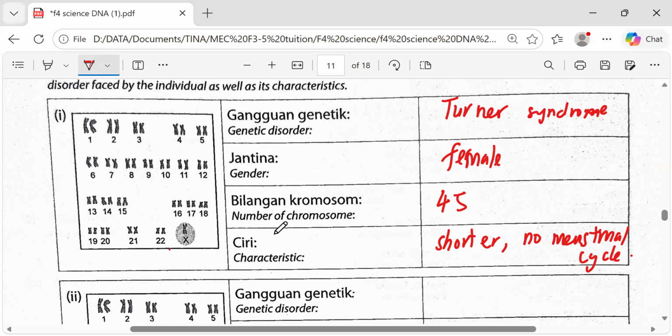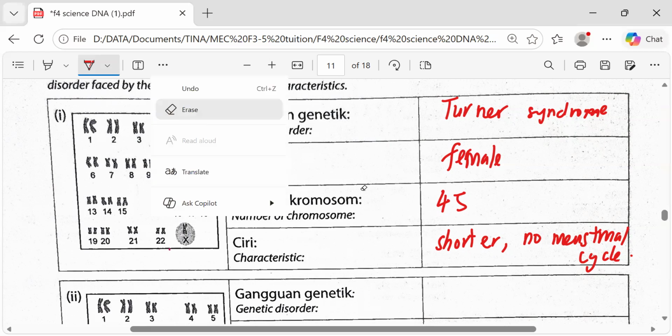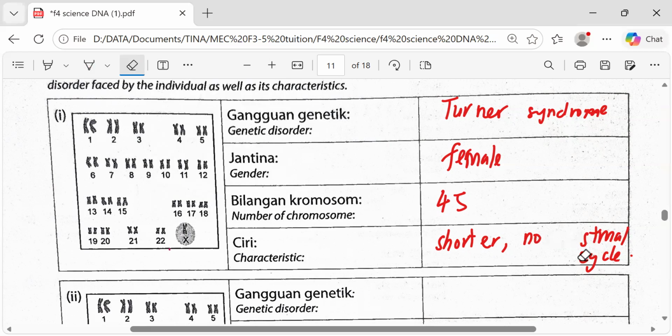No menstrual cycle means no period. So cannot have baby lah. Okay, Turner syndrome.